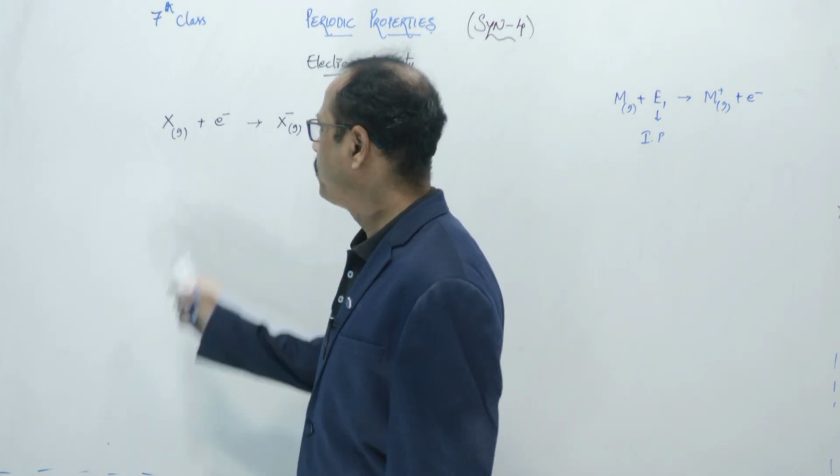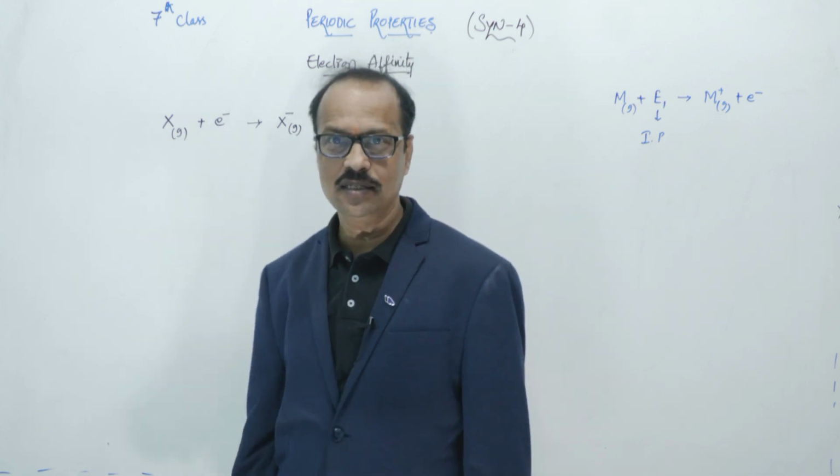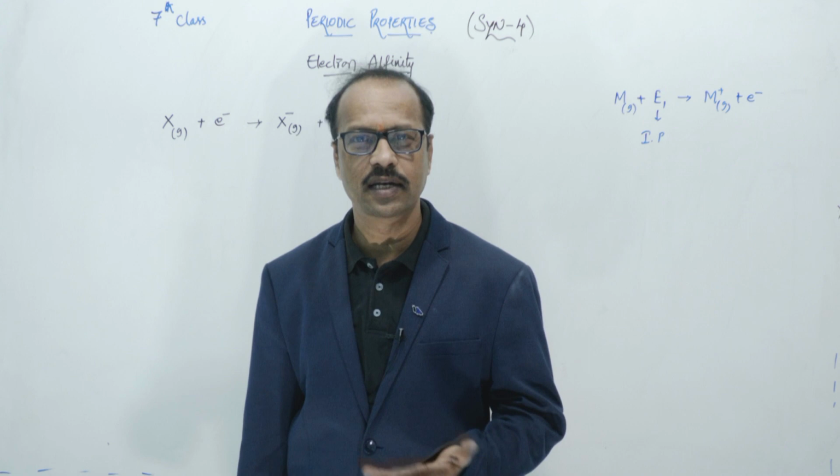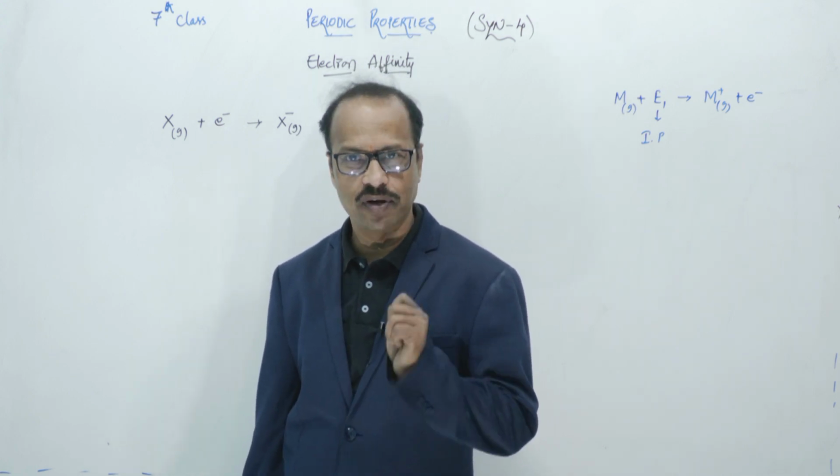Clear? We give an electron so that it becomes X minus, negatively charged, releasing energy. This is called electron affinity.